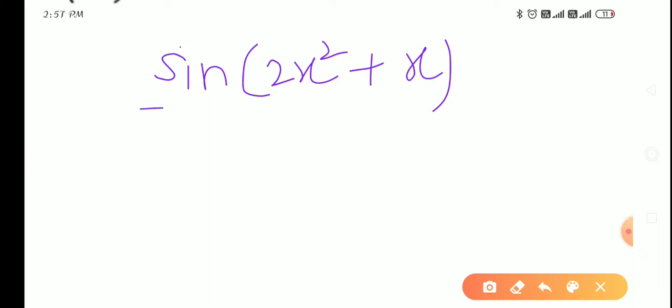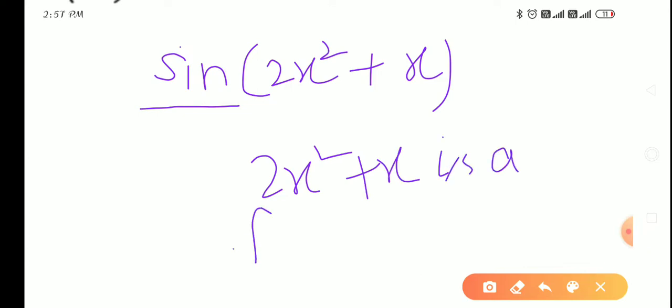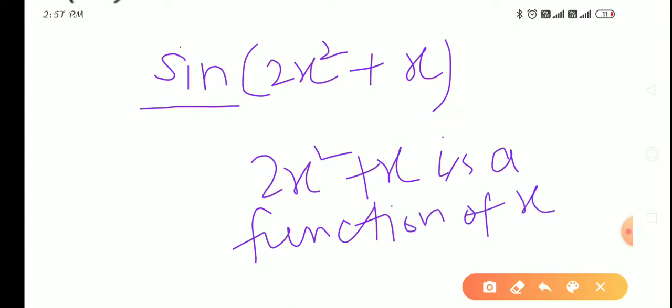One sine function of 2x square plus x, and this 2x square plus x is a function of x. So that's why we say that it is a function of a function. It is sine function of function 2x square plus x.